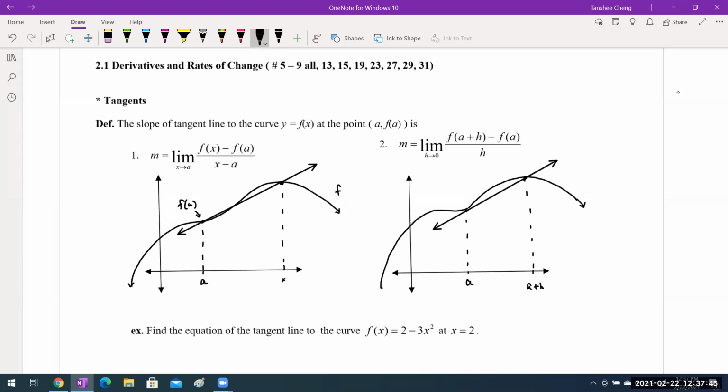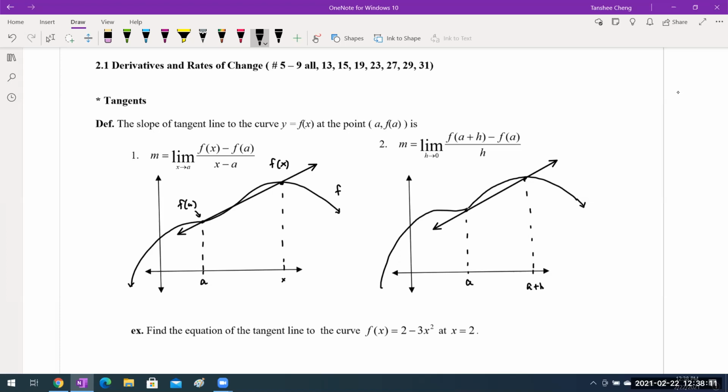We can use the slope of the secant line, which is from A to x. So this will be f of x, this point. And then as we move this point closer and closer to A, meaning as x approaches A, the slope of the secant line will eventually become the slope of the tangent line.